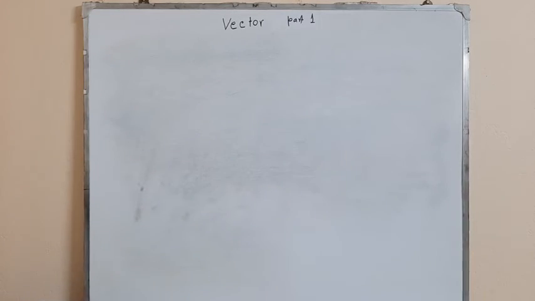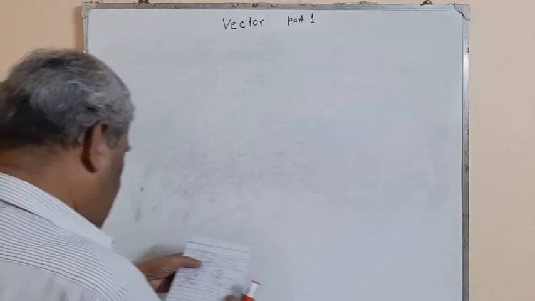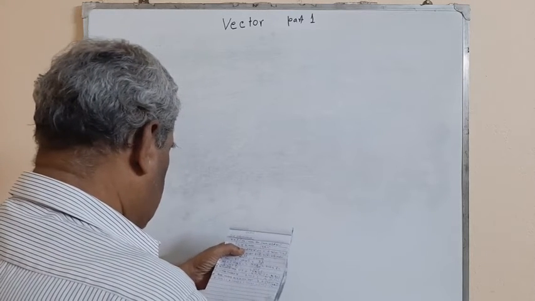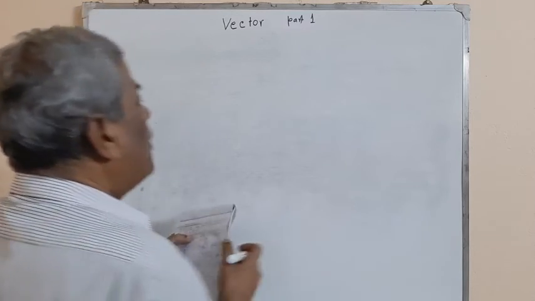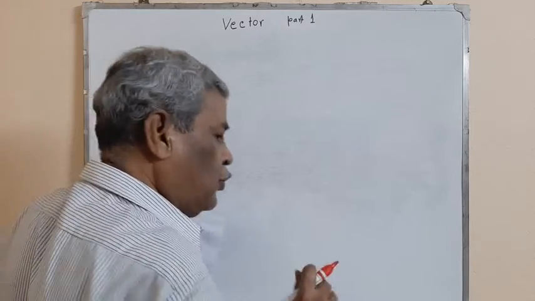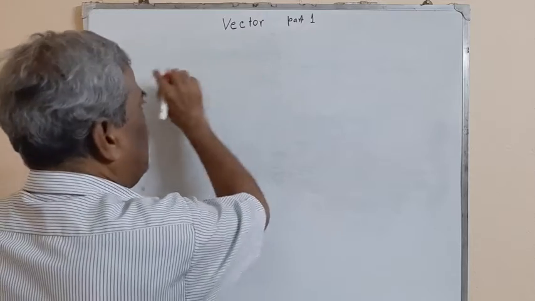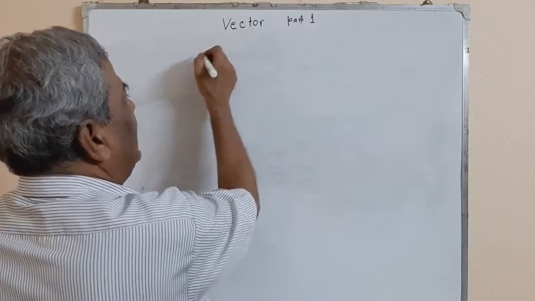Next, in terms of components, when A and B are two vectors, their cross product I just defined.